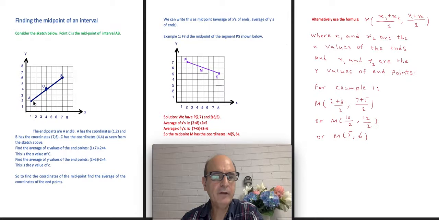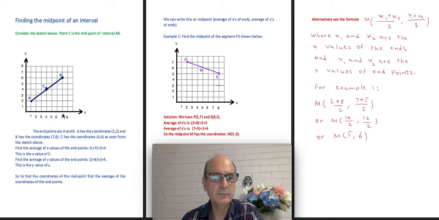If we find the average of the x's of A and B, let's see what we get. Remember, to find the average of any two numbers, you add them up and divide by 2. Here, I want to find the average of x of A, which is 1, and x of B, which is 7. So I add 1 and 7, that becomes 8.